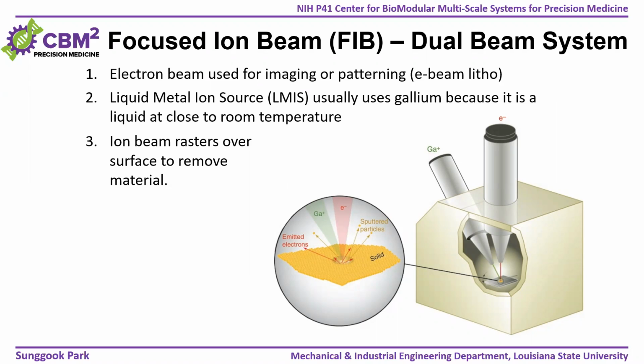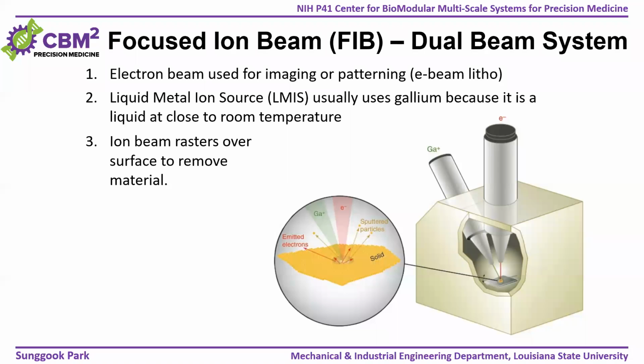Mostly people use gallium ions, but these days people also use hydrogen ions, helium ions, and xenon ions. For most focused ion systems, you can not only do focused ion beam milling, you can also do SEM, scanning electron microscopy.